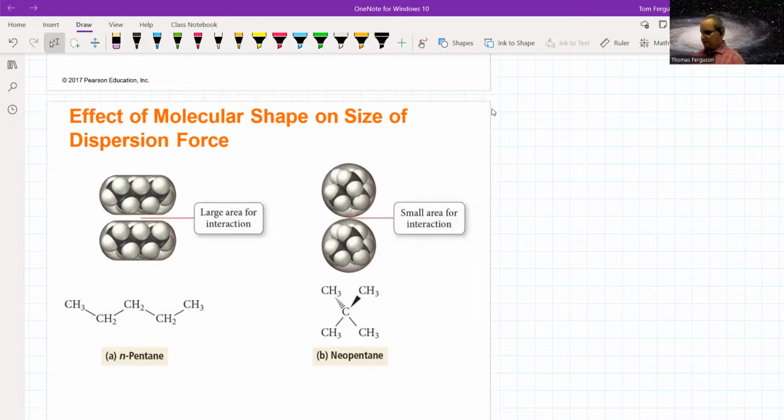Now this is something interesting. Each of these has 5 carbons.